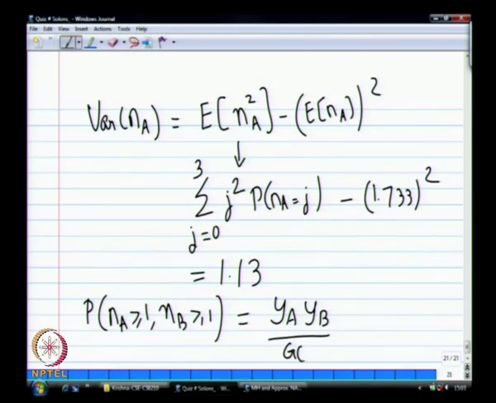What is the formula? Ya into Yb, divided by G of n, into G n minus 2.